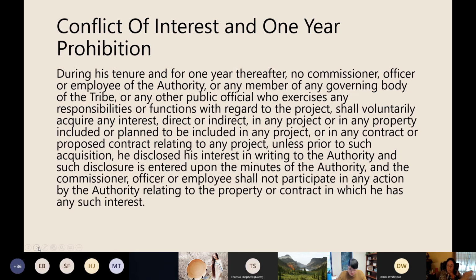So you've got it in your board meeting minutes. And the commissioner, officer, or employee shall not participate in any action that the authority undertakes relating to that property or contract in which they have such interest.